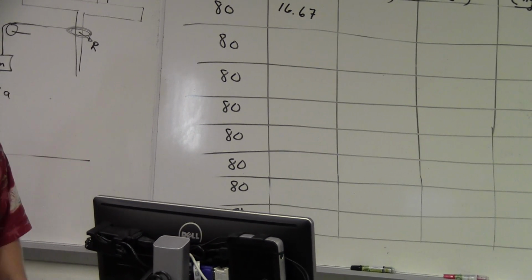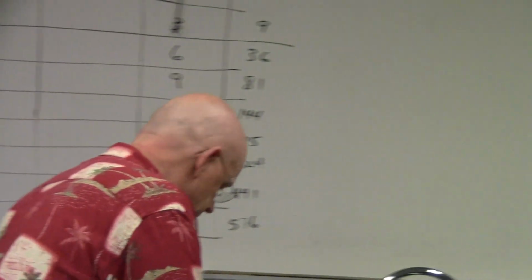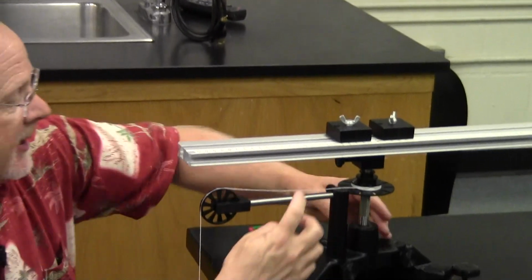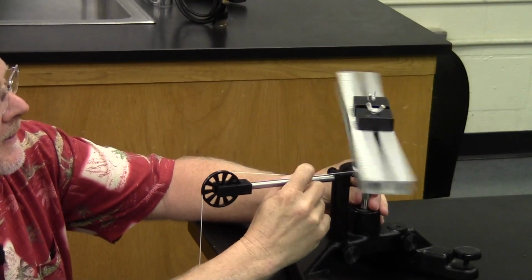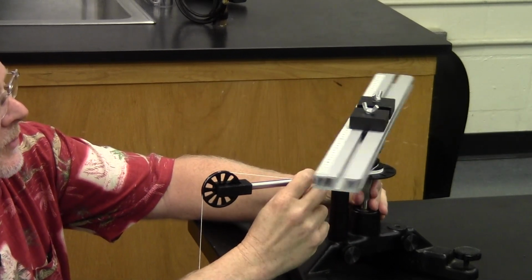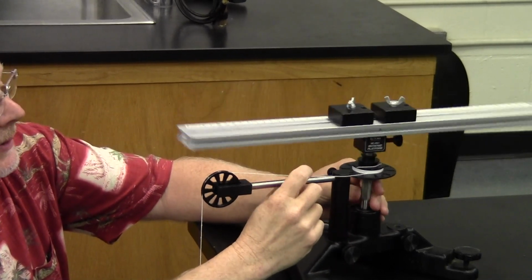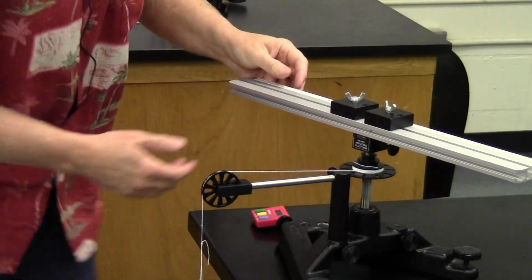All right, so let me go to the next one. I need to wind this up again. Oh, and maybe I should have done this before I wind it up, but that's pretty close.